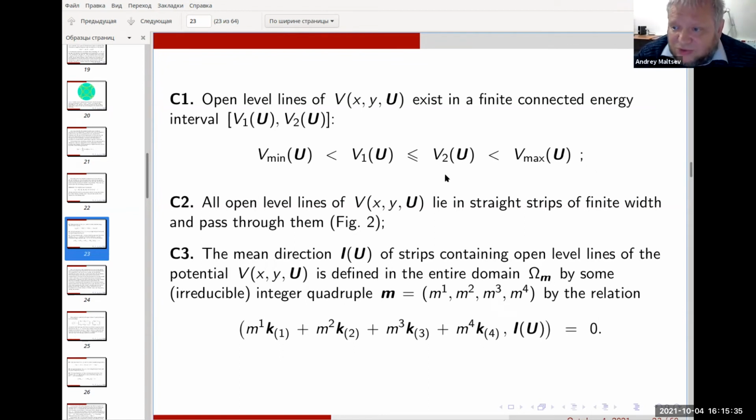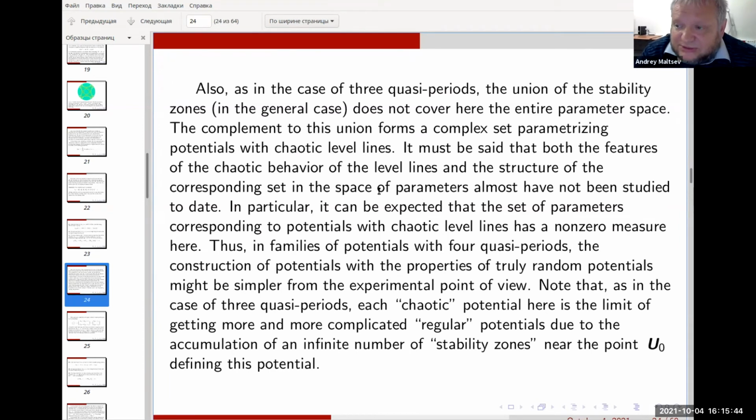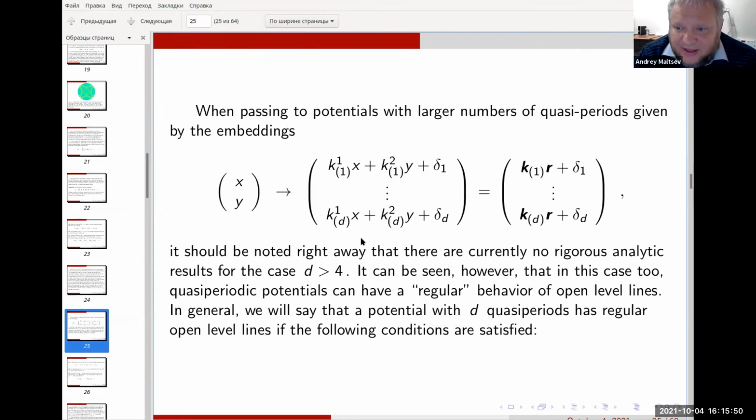So there are 2 types of potentials. They exist on different sets of parameter space, and one set is closer to regular potentials, the second set is closer to chaotic potentials.